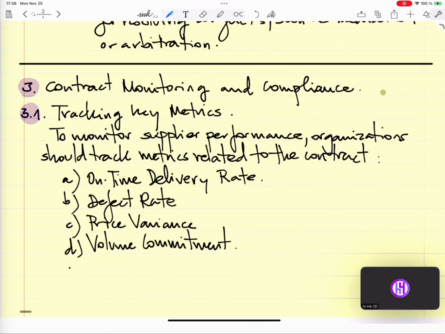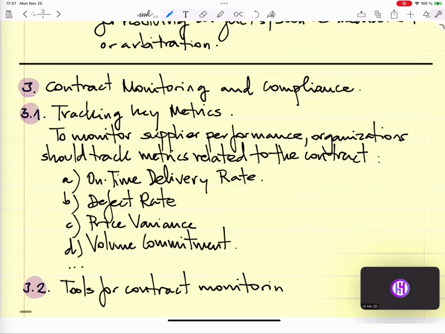There are like any KPI that you're wanting to track, and then you need to have some tools for contract monitoring. So you want to have some business intelligence applied. Tools for contract monitoring, we will talk about this in the next lecture.